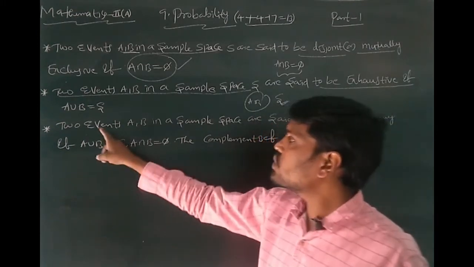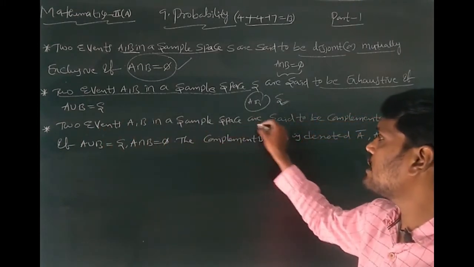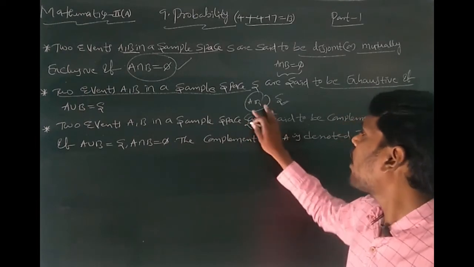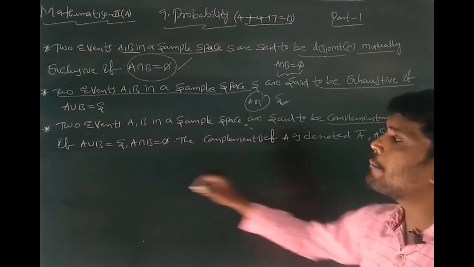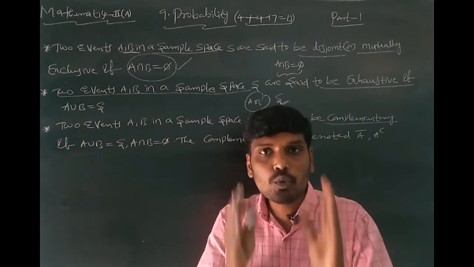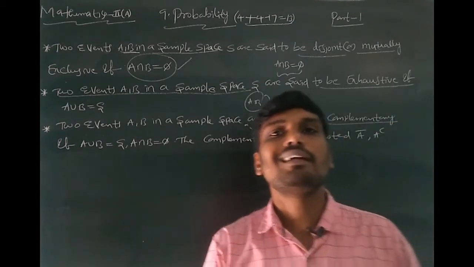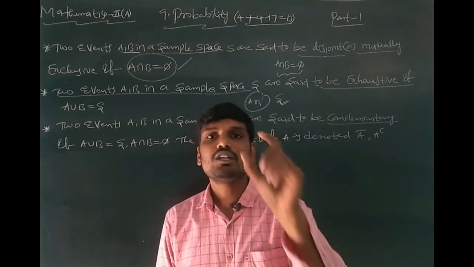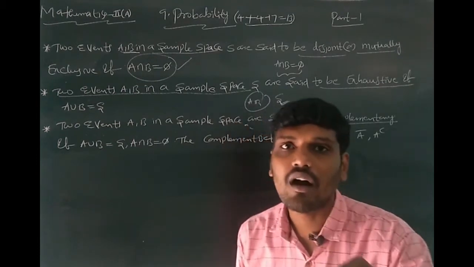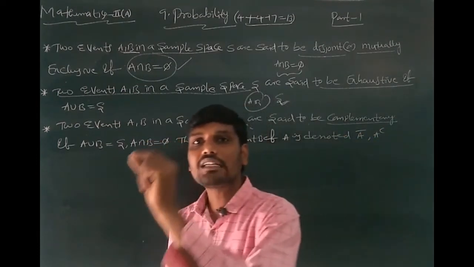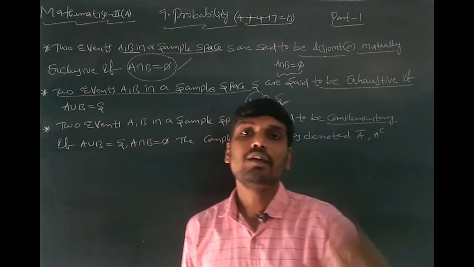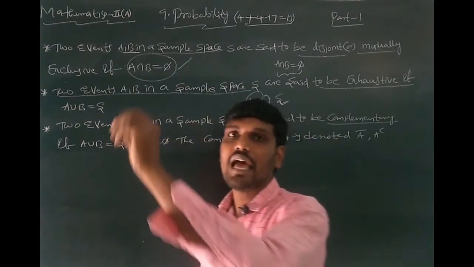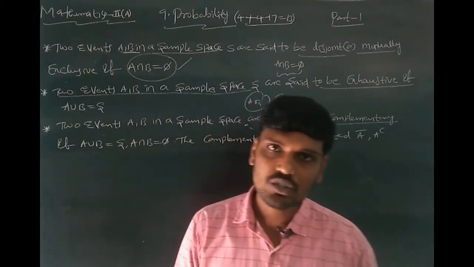Next point. Two events A, B in a sample space S are said to be complementary if the two events are both mutually exclusive events and mutually exhaustive events. Understood or not, friends?